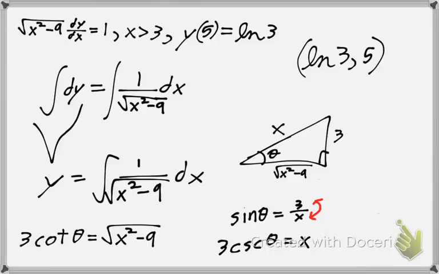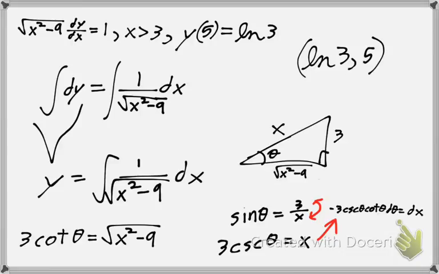Now back to this cosecant theta, we're going to have to take the derivative of this. So it is equal to 3 cosecant theta cotangent theta d theta is equal to dx, and that will be a negative, actually.